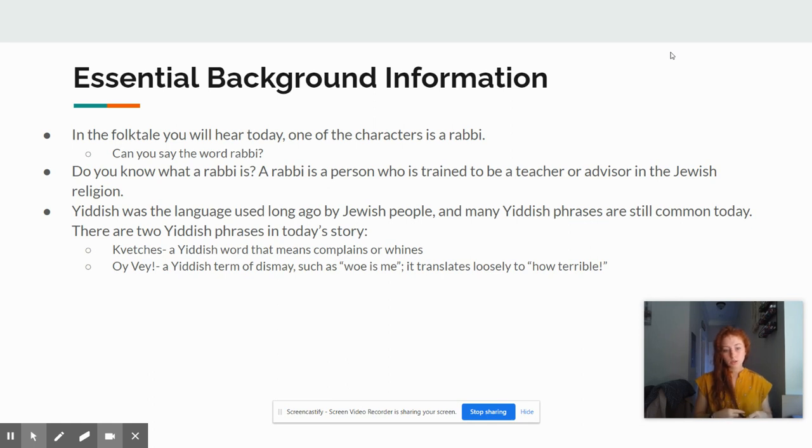There are 2 Yiddish phrases in today's story. Okay, so I'm going to just let you know that I'm going to do my best to pronounce these words because I don't know exactly how you're supposed to pronounce them because they're not in English.